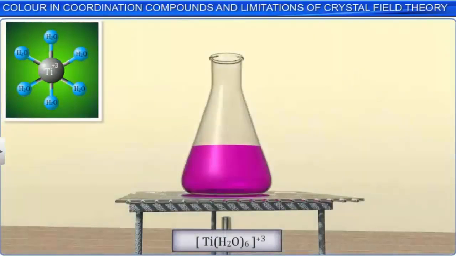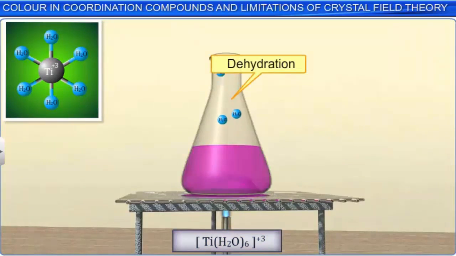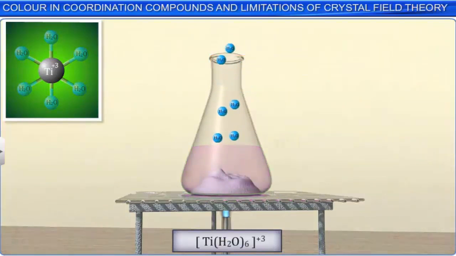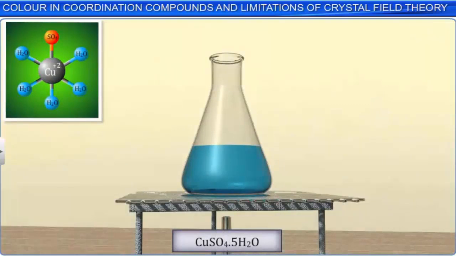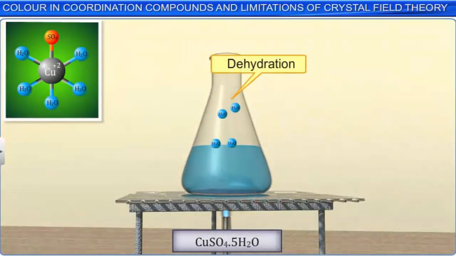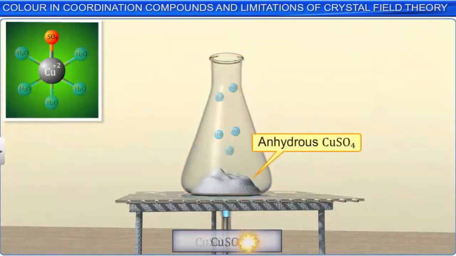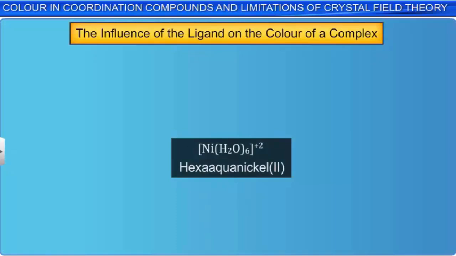For example, when [Ti(H2O)6]3+ is dehydrated by heating it, it becomes colorless. Similarly, hydrated copper sulfate is blue, while anhydrous copper sulfate is colorless. The influence of the ligand on the color of a complex may be demonstrated by considering the [Ni(H2O)6]2+ complex.